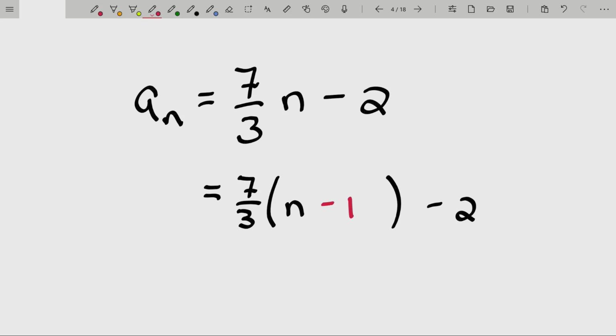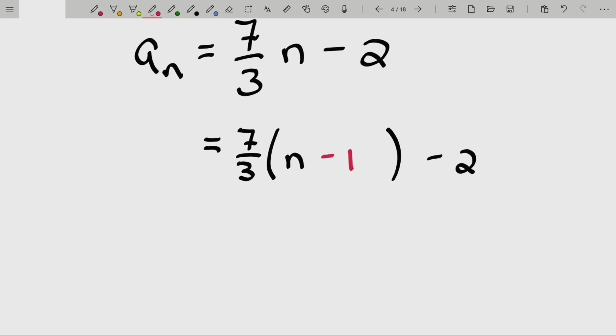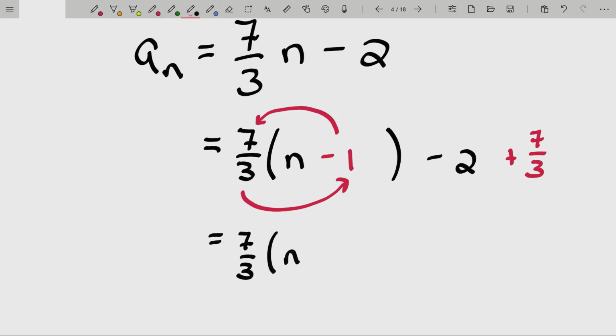Let me go ahead and just subtract 1. Of course, that subtraction of 1 wasn't originally there, so you're going to have to offset it by adding that 1 times 7/3, because you're technically subtracting 1 times 7/3 by putting that minus 1 there. And when you do that, you get 7/3 times the quantity n minus 1, and then you have minus 6/3 plus 7/3, so plus 1/3.